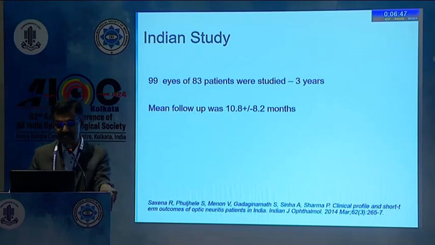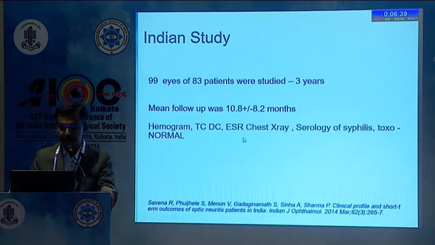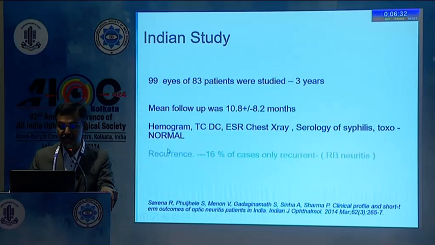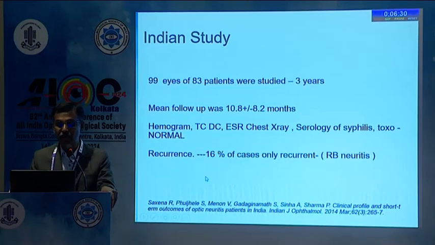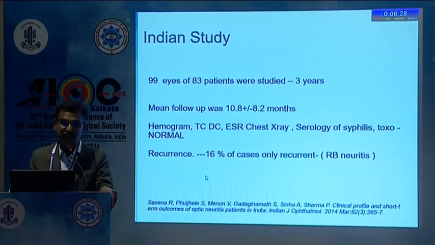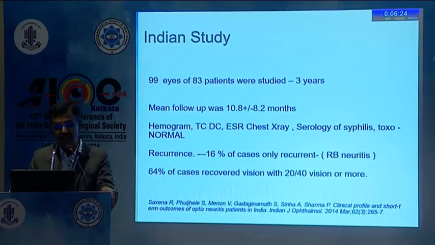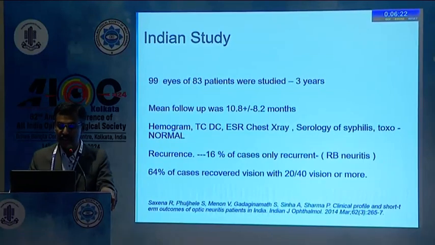There was one Indian study which was done in 2014, where they studied 99 eyes of 83 patients for a period of 3 years. They did all these blood investigations, and they found it to be normal in the majority of the patients. And they found only 16% of the cases were recurrent. And majority of the patients recovered with a reasonably good visual acuity.